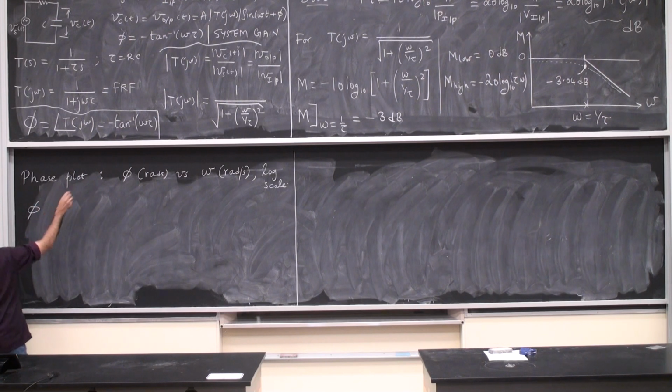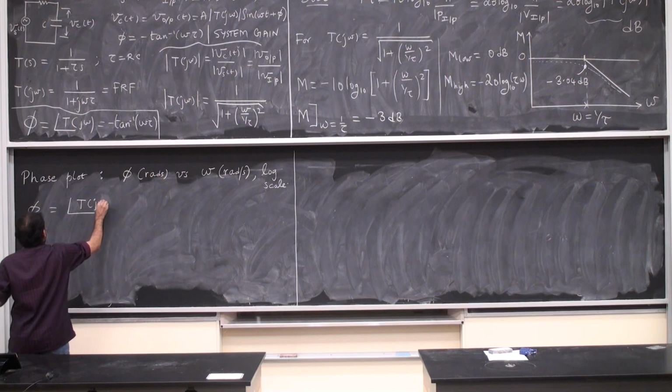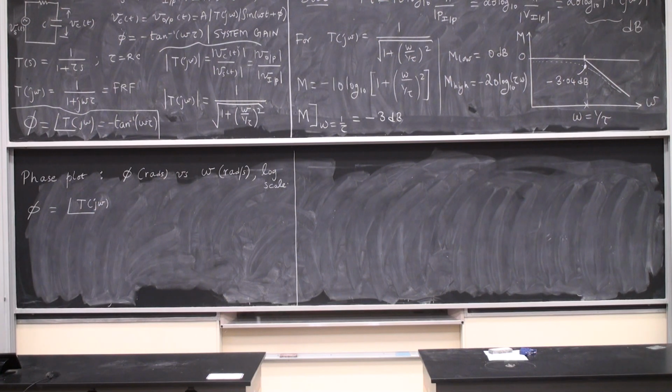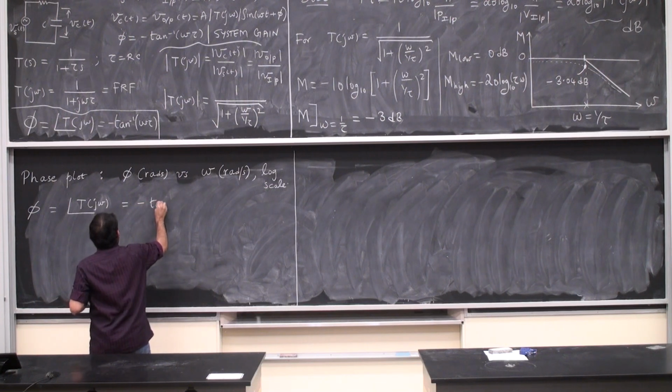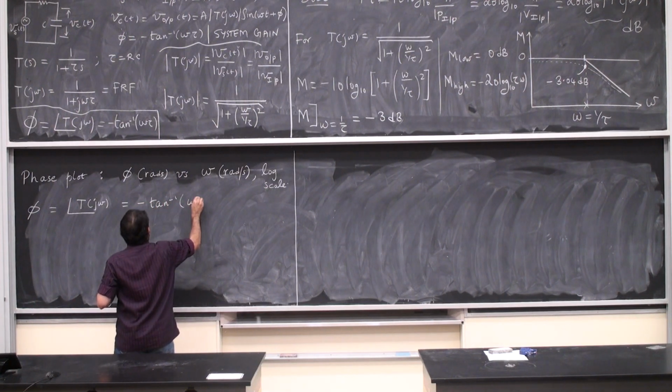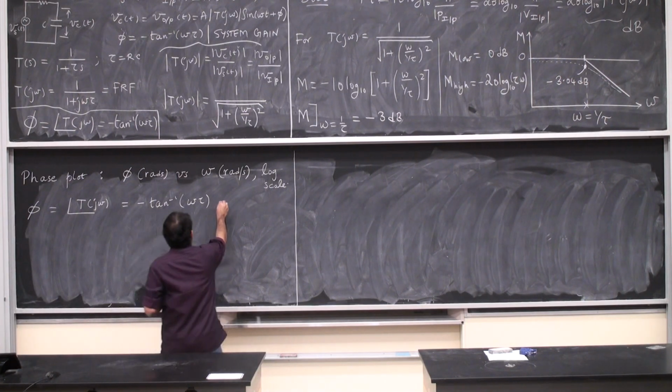So combined with the magnitude, it's called the phasor. So this is T of j omega, and we have that written as minus tan inverse omega tau, or I will write this as tan inverse of minus omega tau. Okay, no harm done.